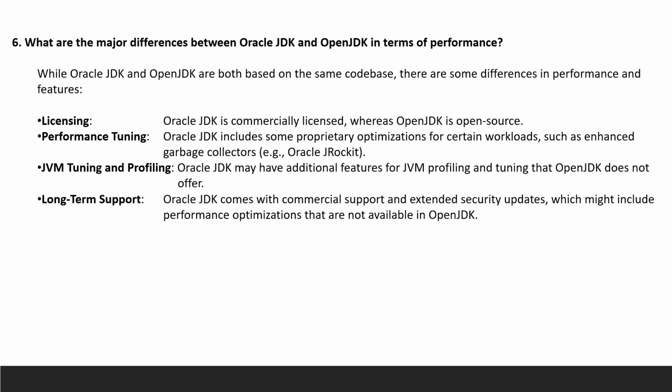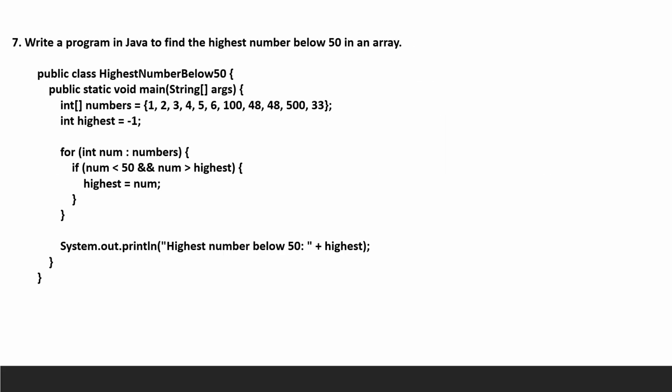With Oracle JDK, they will take care of complete support and extending the security updates. If we are using OpenJDK, that responsibility is on our shoulders. In the sense that, since we are using it, we should proactively set up a process to observe any security patches or updates for whatever version we are using, and we have to implement them.